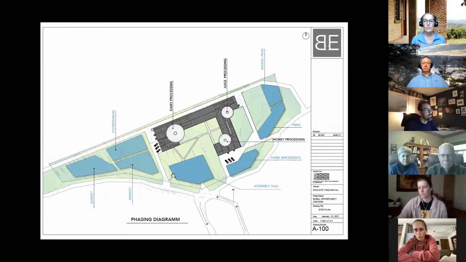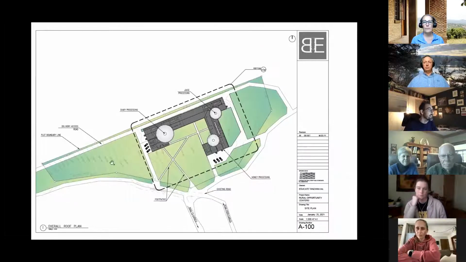The assembly hall, which is envisioned as a kind of educational space for Karuko students, Karuko graduates, and for members of the community, is placed prominently at the intersection here, and then future market areas along the road as one passes by to and from the university, with also some space for a veterinarian back here. This has all been shifted around many times and it can continue to shift, but these are the kind of space allocations for those.